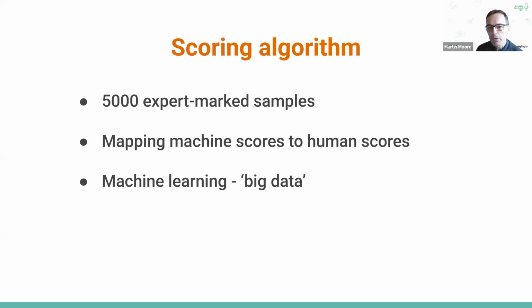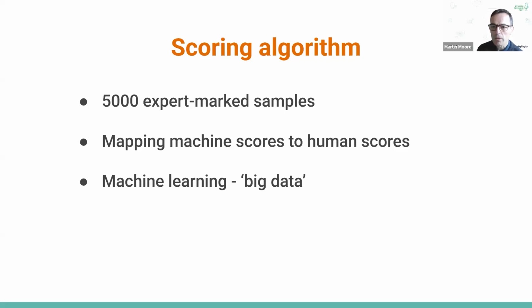I mean, if we were training a human marker, if the human marker was trained on maybe 30 responses, that would be probably quite standard. And they're looking at, as Laura showed, a number of different descriptors, a number of different features. But even that's as much as a human can keep in their mind.